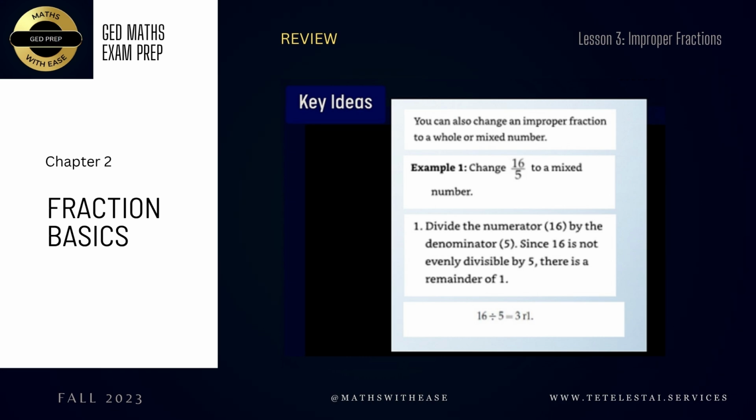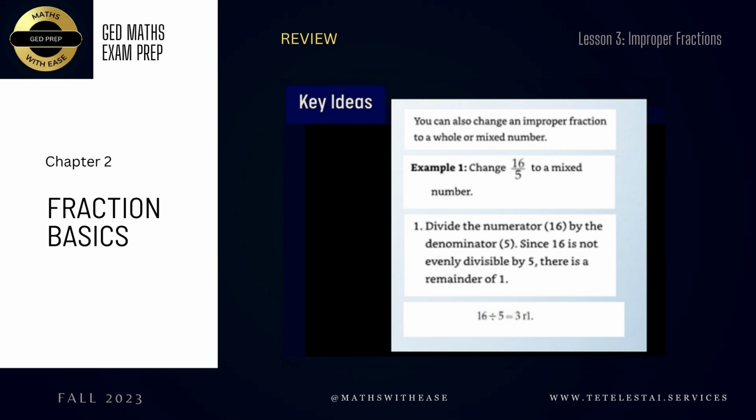And then, if you wanted to express this 3 remainder 1 as a mixed number, you would simply write 3 and 1/5, right? Because this is telling you that you have 3 circles. All 3 are divided into 5. Remember, 5 is king, right?